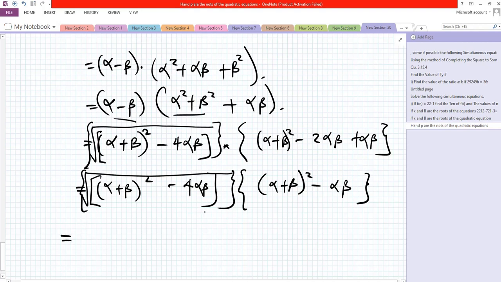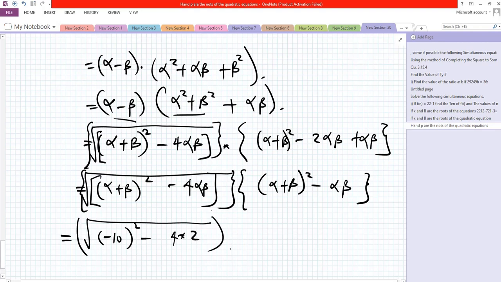So the whole of this we have gotten: alpha plus beta is minus 10, all squared, minus 4 times alpha beta, which is 2, square root. Then this one is minus 10 squared minus 2.